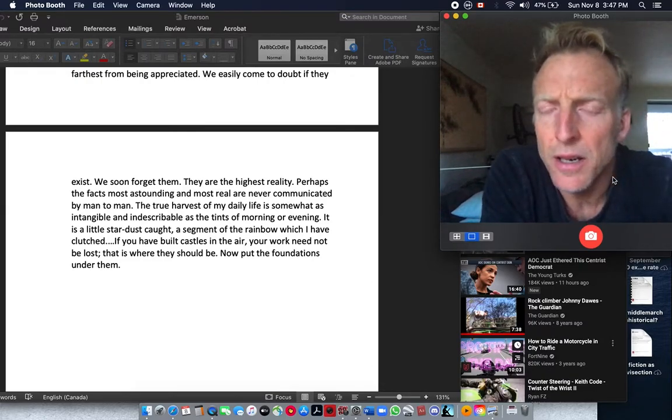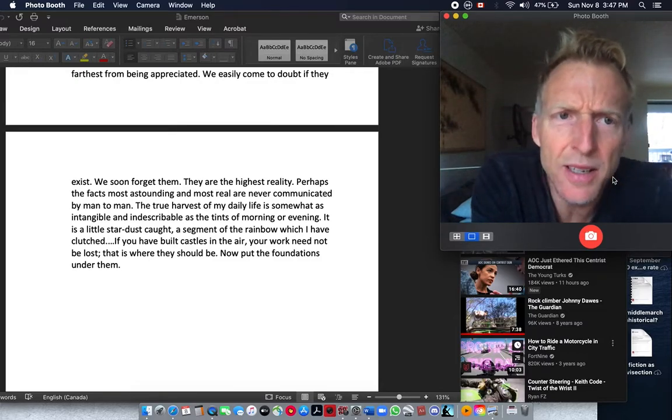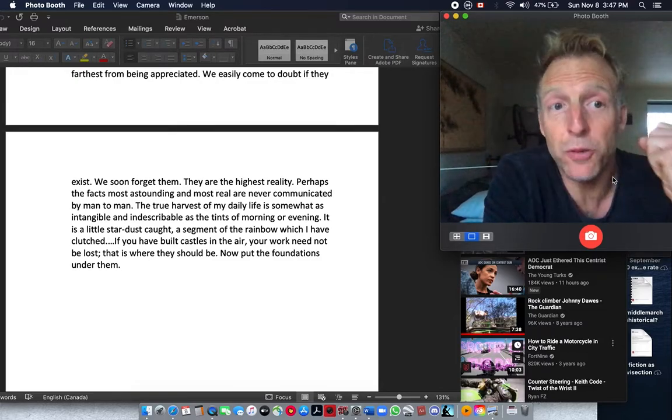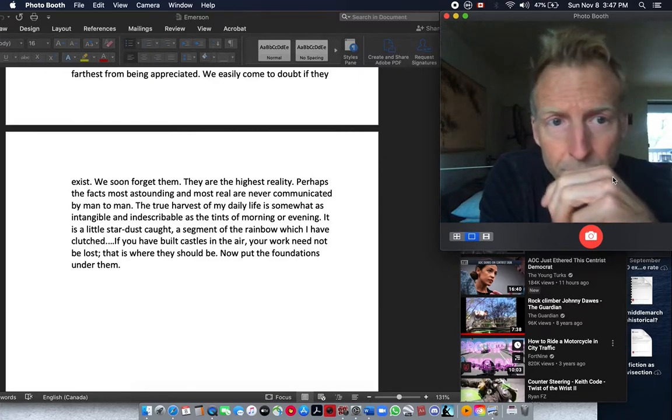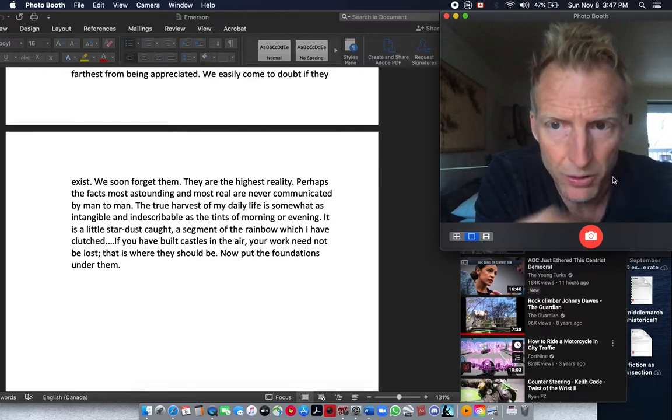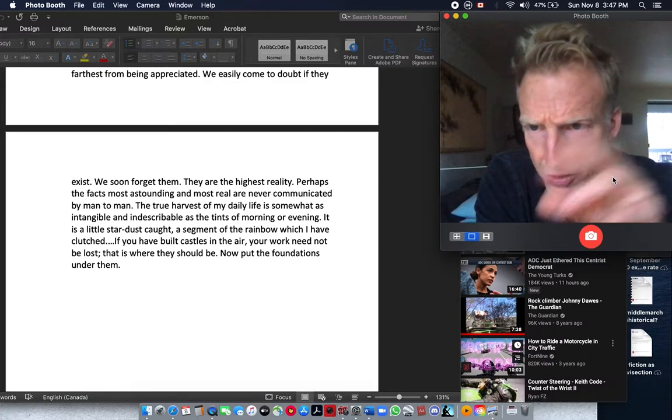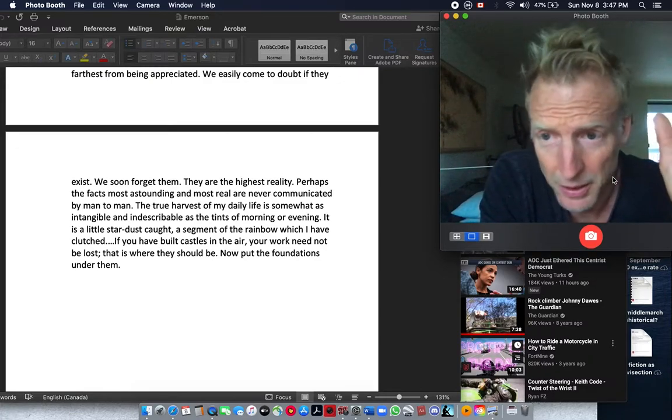Instead, again like the metaphor of the splash of color, Thoreau suggests that what matters the most is, again, he uses a metaphor.